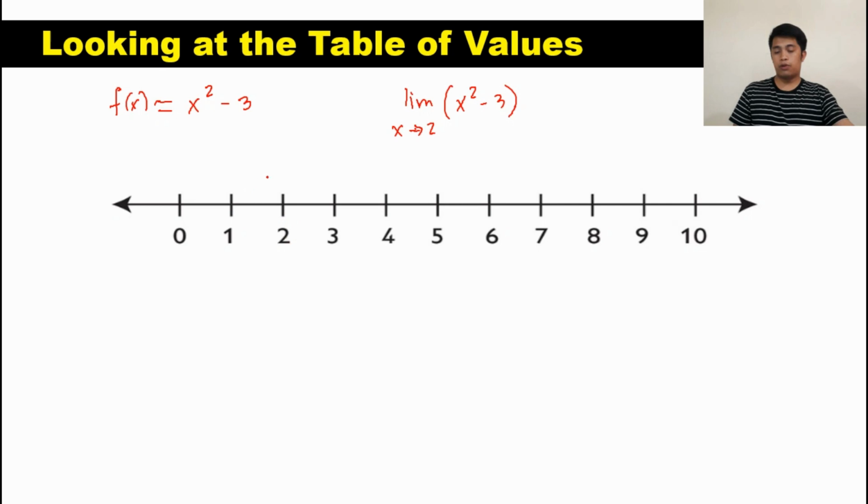So, ang atong buhaton, we look for the values from the left and from the right of 2. So, list down nato sila.